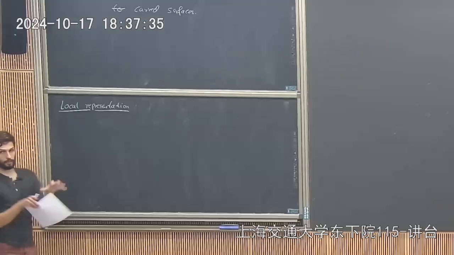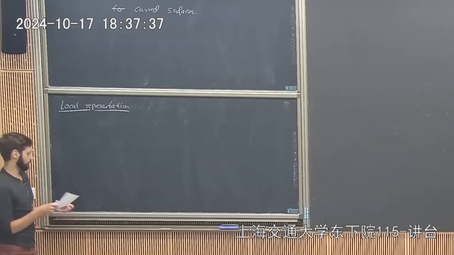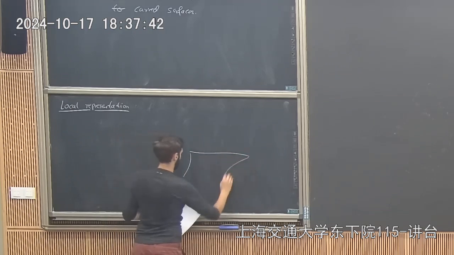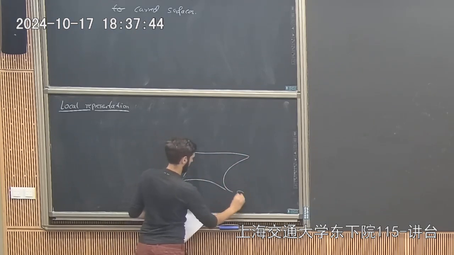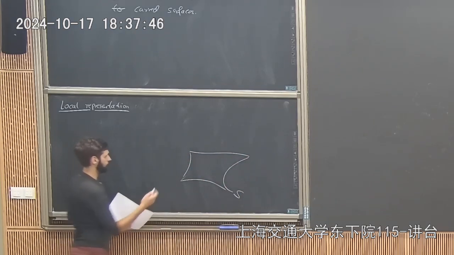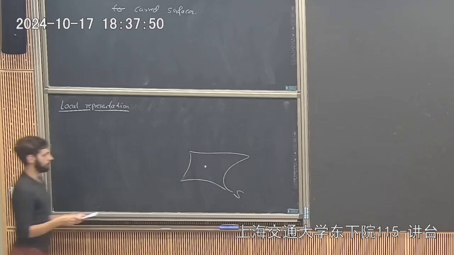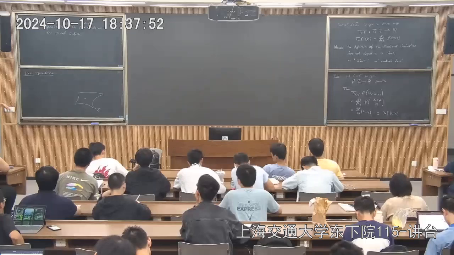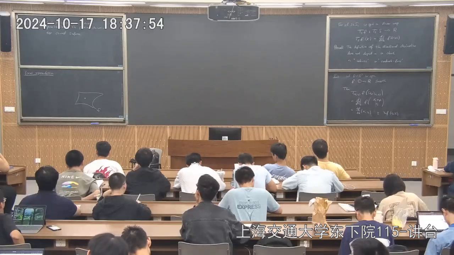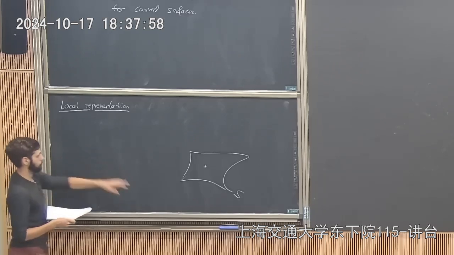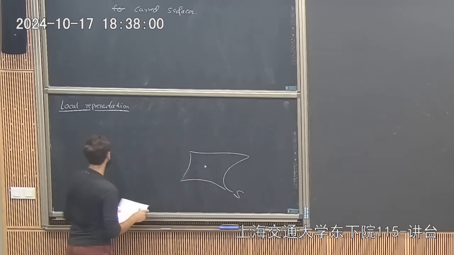So the thing is, suppose we have some object that lives on the surface. The object can be a function that lives on S, it can be a tangent vector that lives on S, or we will talk about more complicated objects.